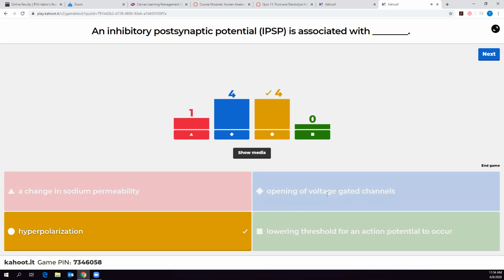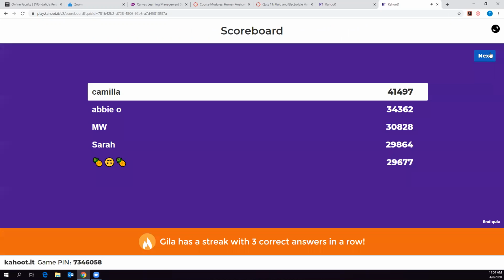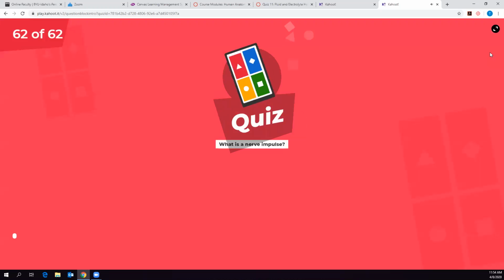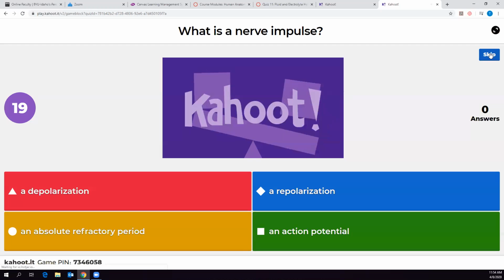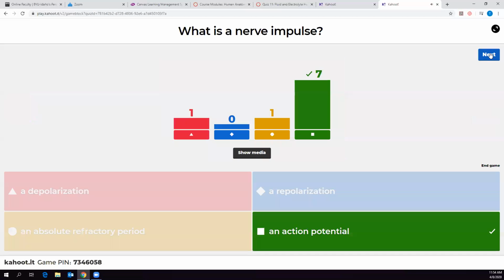We're going to open chemically gated channels. And the last one is, what is a nerve impulse? Yep, is an action potential.